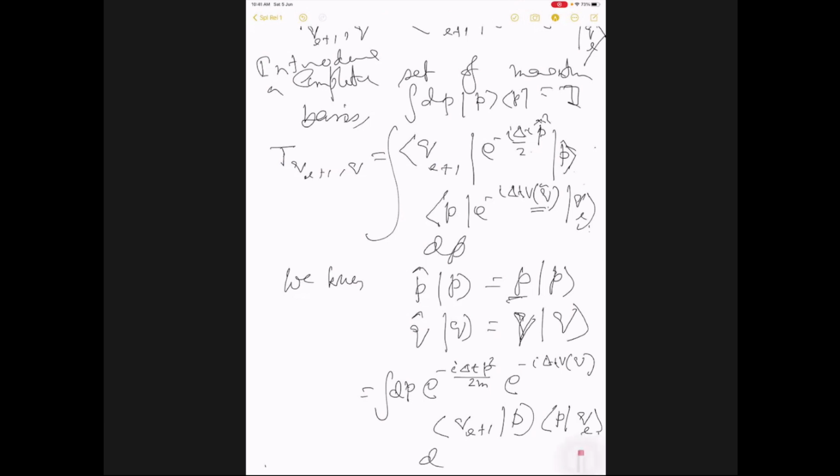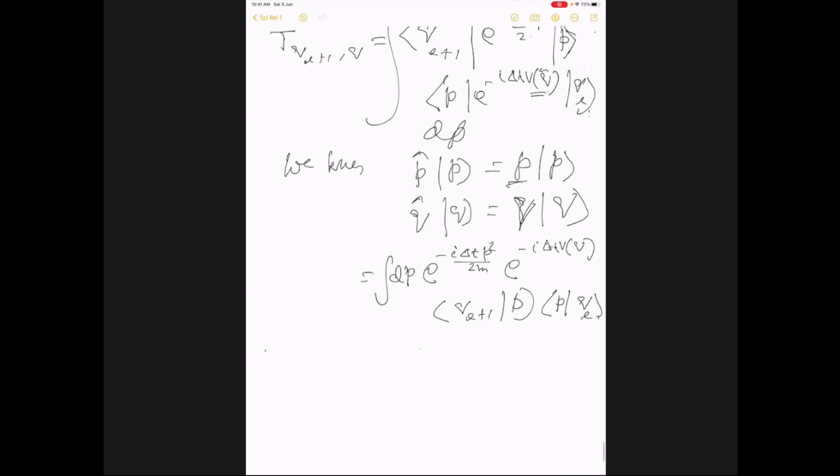Integration over dp I have already written. So now try to understand, these are no longer operators, because after action on the state, they have become just eigenvalues, so no longer operators.